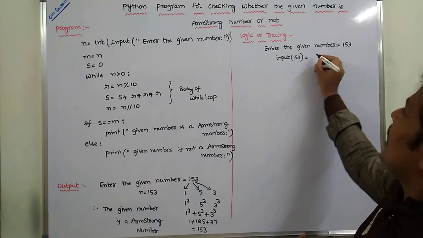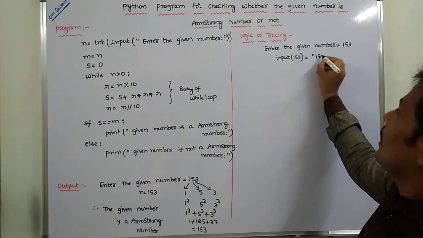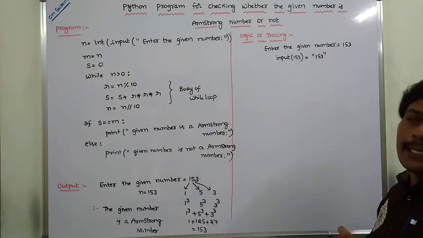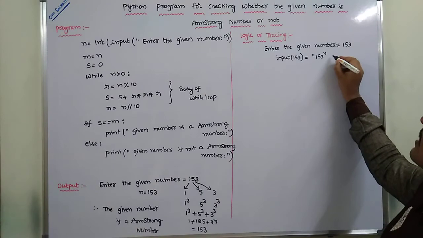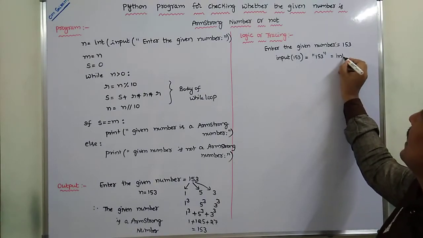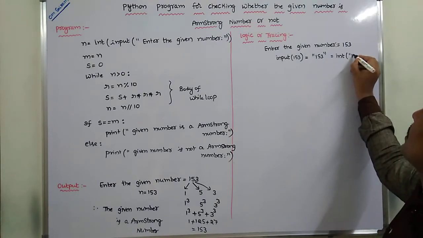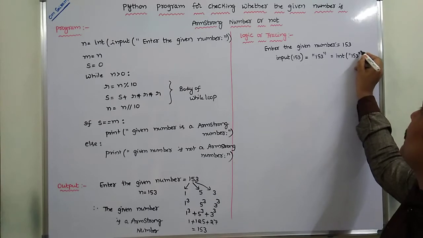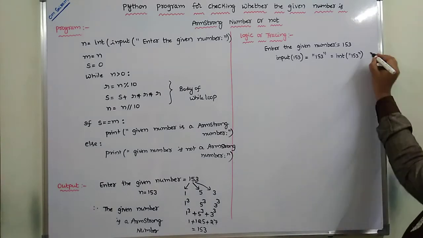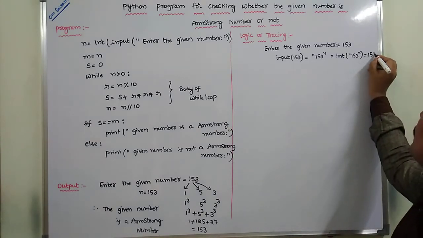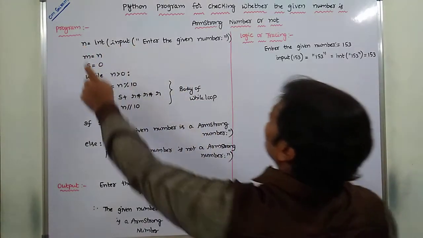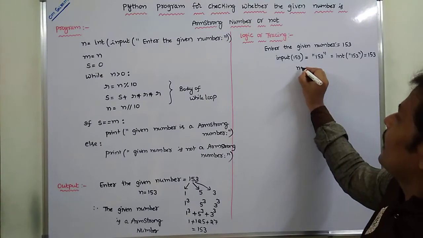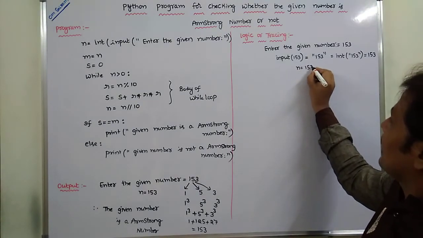It returns the string value 153. This string value 153 is taken by the typecasting int function, which returns integer value 153. This 153 value is assigned to the variable n.